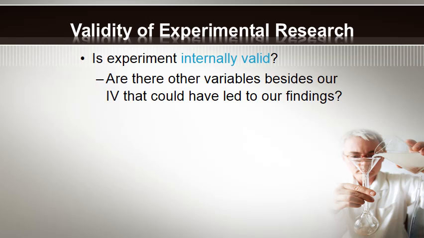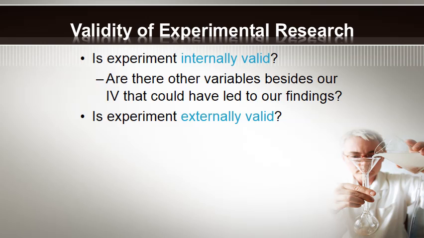So whether an observed covariation should be considered a causal relationship, because just because there is a correlation doesn't necessarily mean that there's a causal relationship. We've looked at that in the past. Another thing that we need to look at with internal validity is confounds, because confounds can threaten our internal validity.